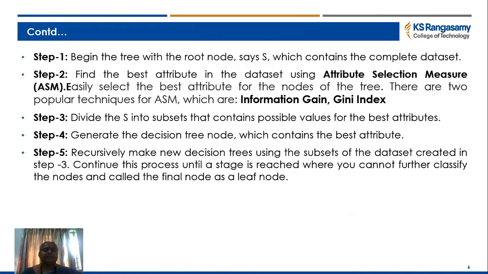Step 3, divide the S into subsets that contain possible values for the best attributes. Step 4, generate the decision tree node which contains the best attribute. Step 5, recursively make new decision trees using the subsets of the data set created in step 3. Continue this process until a stage is reached where you cannot further classify the nodes and the final node is a leaf node. This is the procedure.